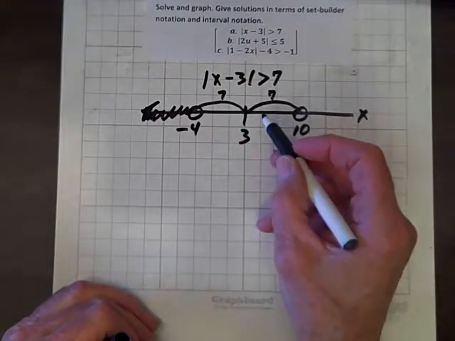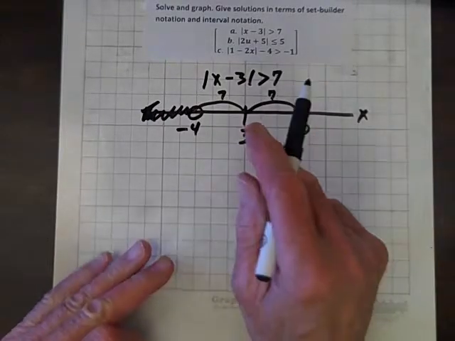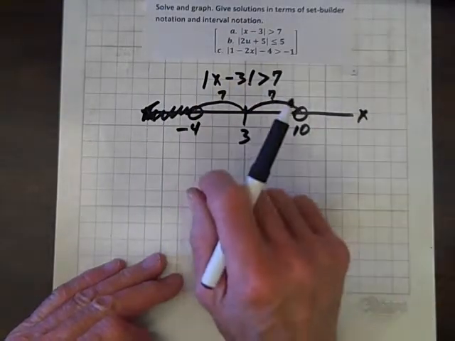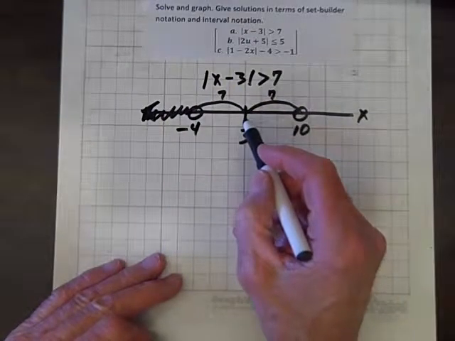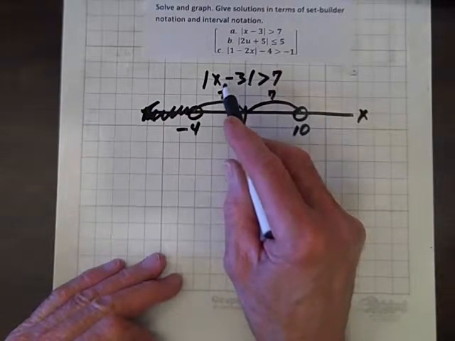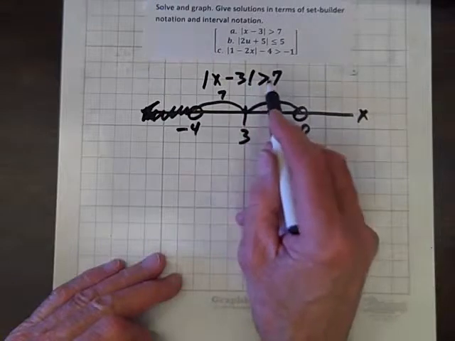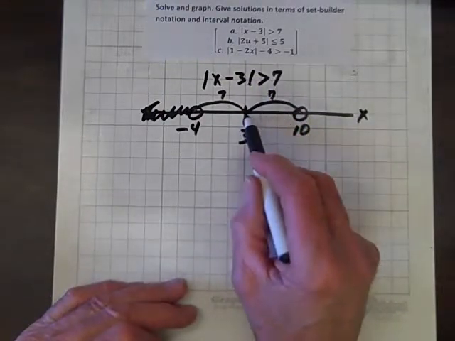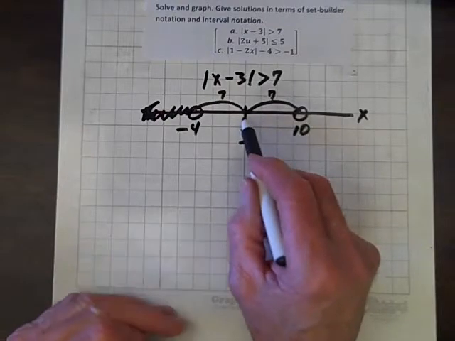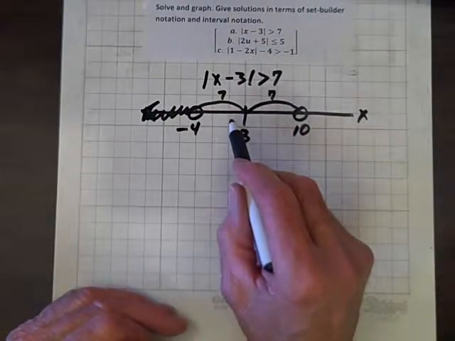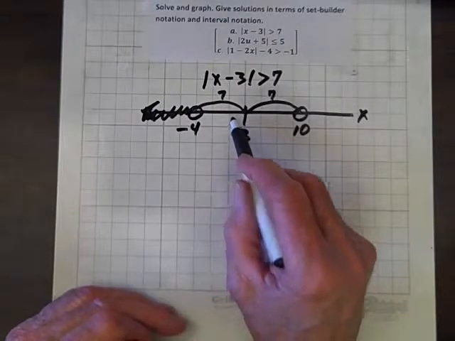Let's look at this interval. Well, we only have 3 intervals, 1, 2, 3. 3 is in this interval. Replacing x with 3, we get 0. And the absolute value of 0 is not greater than 7. So this point is in this interval, failed to satisfy the inequality, therefore no point in this interval will satisfy the inequality.